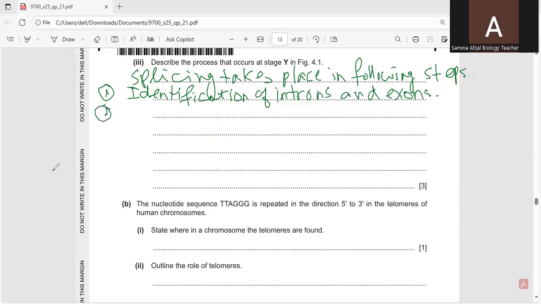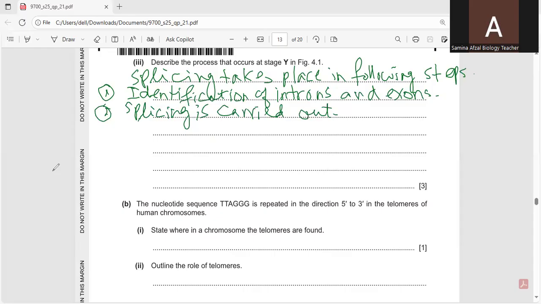The second step is that the splicing is carried out, in which you can see this large splicing process takes place.